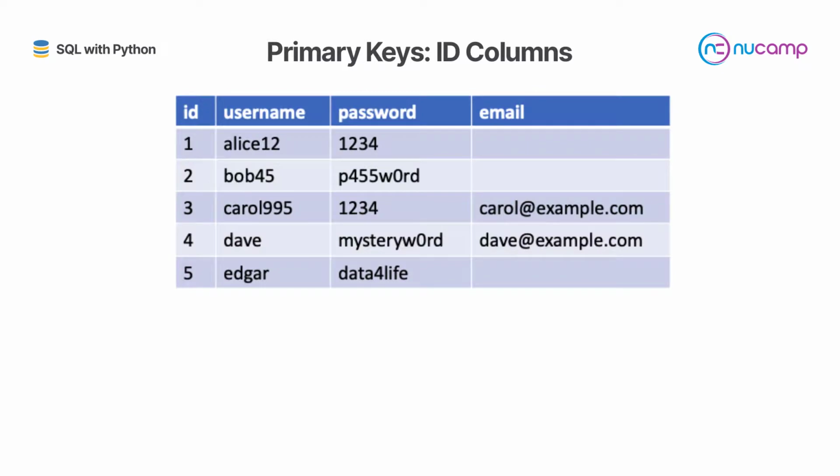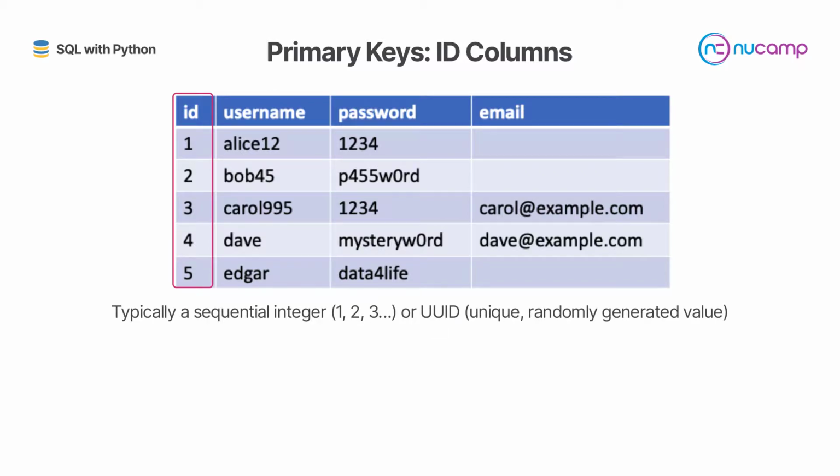Although the username column could be used as the primary key, a common convention that allows for maximum flexibility is to require an additional ID column on every table to serve as a unique identifier. This is usually a sequential integer, or a UUID, which is a unique, randomly generated formatted string.